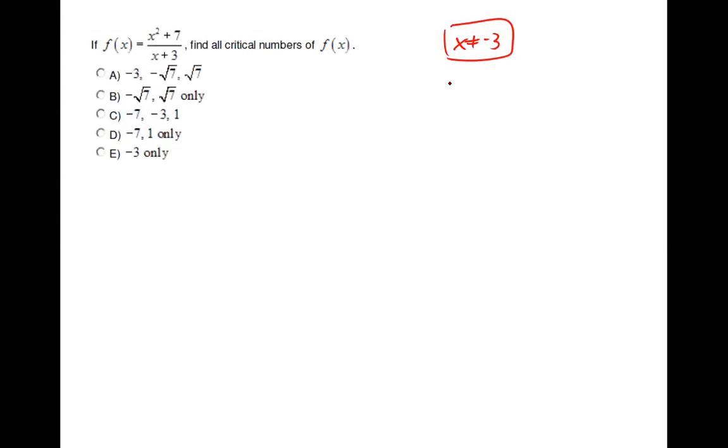That means x equals negative 3 is not in the domain. Can you see what's happened? Can you tell me which options will definitely be wrong to choose as a correct answer? Options A, C, and E. Excellent. That means A, C, and E.